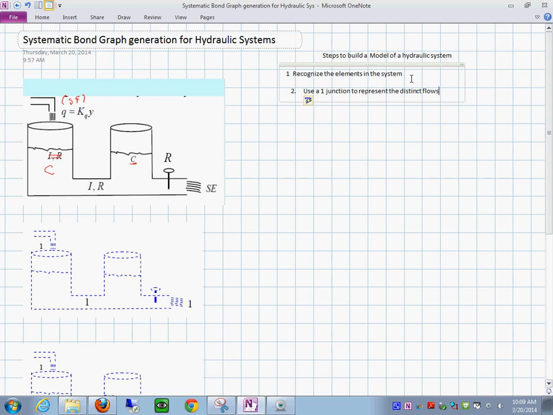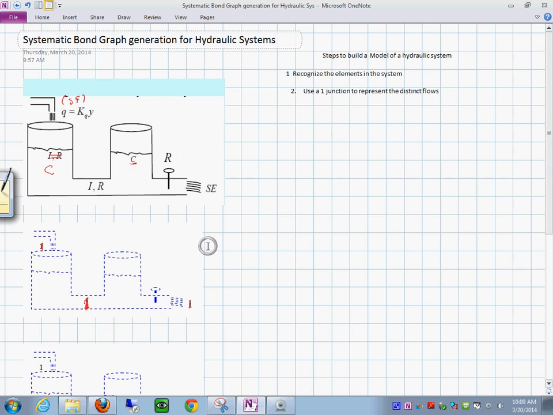So we're gonna do it right here. You have this in here. This is flow 1. We can say this is flow 2 in here, and this is flow 3 in here. Okay, so we can put these as the distinct flows in there.